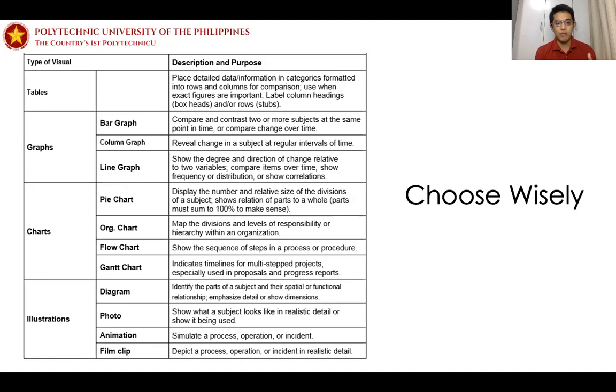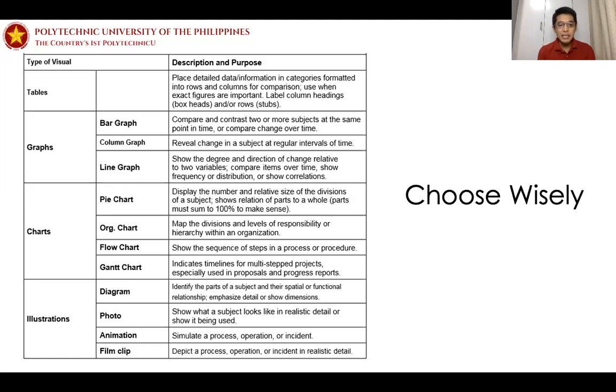When we talk of photo, that means we want to show what a particular subject looks like. When we say animation, we want to show a particular operation, a particular process, or a particular incident that is animated. So that is totally different from a flow chart.